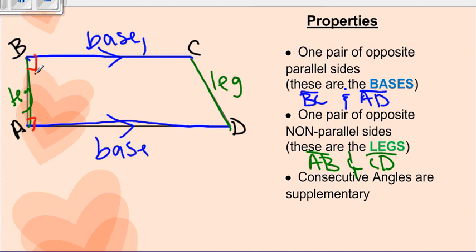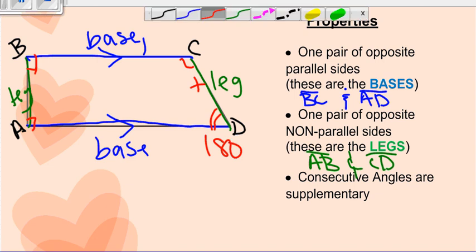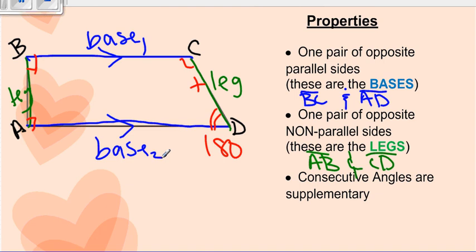Okay, and C and D would also be supplementary angles there, so they would add up to be 180 degrees. Again, these are the ones that are on opposite parallel lines. So notice that this one here was on base 1 and this one here was on base 2, which I forgot to label the 2. Okay, so that's how the consecutive angles there will work, and they'll be always supplementary.